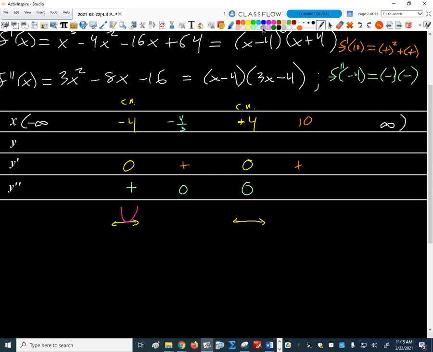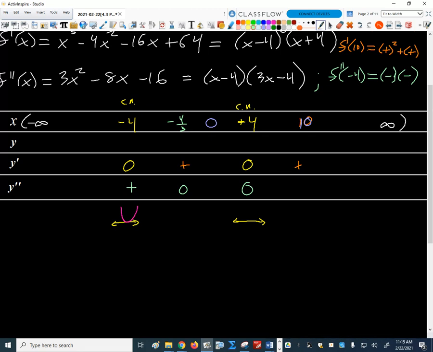Let's try a value like 0, because that's between -4/3 and 4. I already tried the value 10, but let's evaluate the second derivative at these places. So what's the sign of the second derivative at 0?